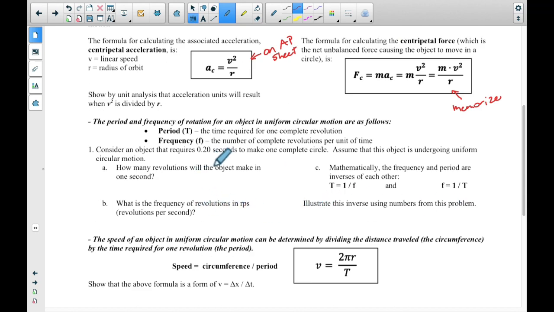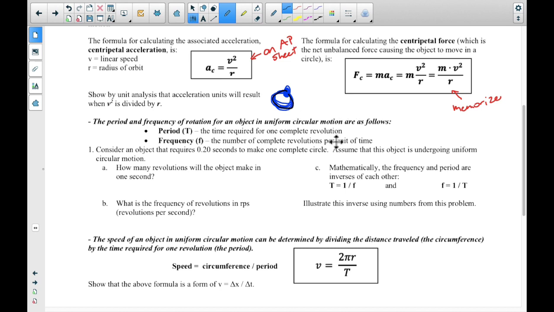Okay, then we have a couple of terms, period and frequency, and from your study of trigonometry, you should have learned a little bit about period and frequency. The period is how much time it takes to go one complete revolution. So back to our circle. If we have some kind of object that's going around and around, well, great, but how long does it take to go around one time?